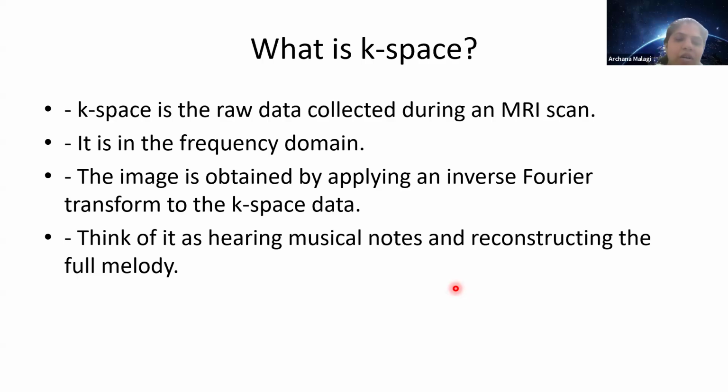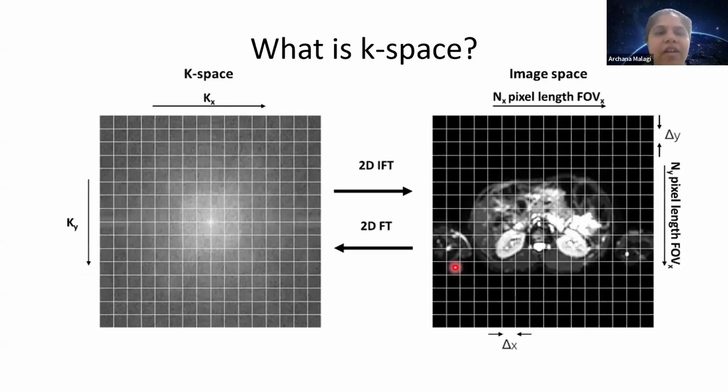Think about it as a musical note, and then reconstruction is the full melody. So you can see here that it's a k-space. This is an example of a k-space which we get through the MRI scanner. This is raw data, and each part of this is a point.